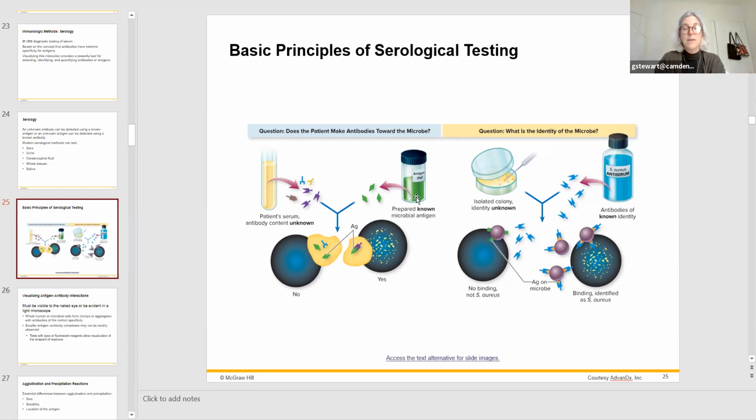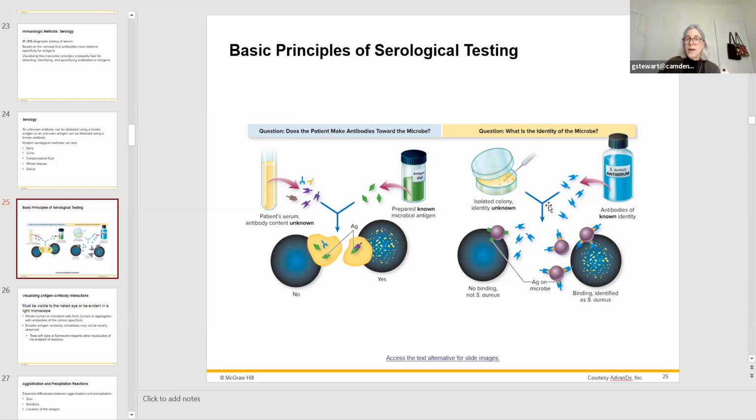Or I suspect it's salmonella. If I wanted to test multiple antigens or multiple bacteria, then of course I would have to prepare or purchase multiple known antigen solutions. But it's super fast. You can literally do an agglutination test and you can actually see this clumping on a slide, on a microscope slide.